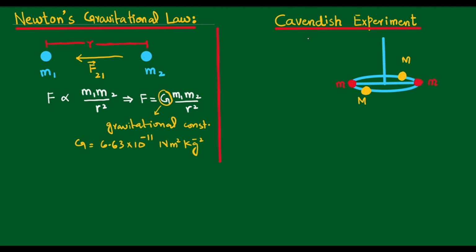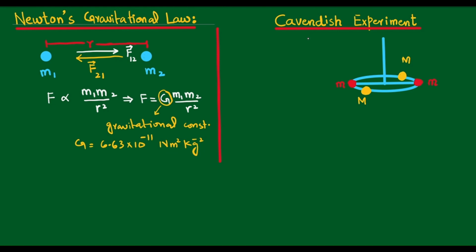And here we can also say m2 exerts the force on m1, and it attracts this m1 towards m2, and this force is called F12, which is the force on 1 due to 2, an attractive force.